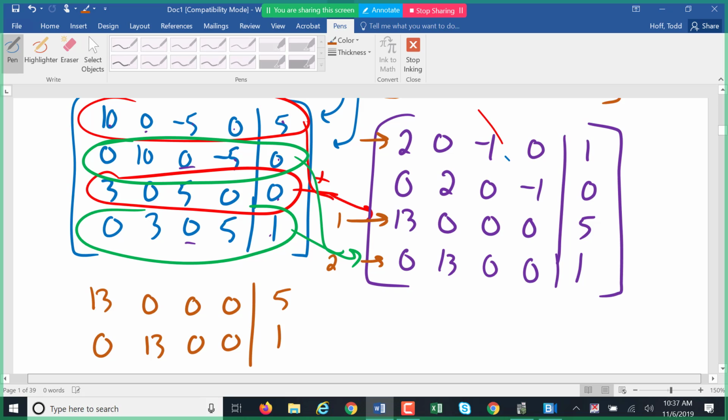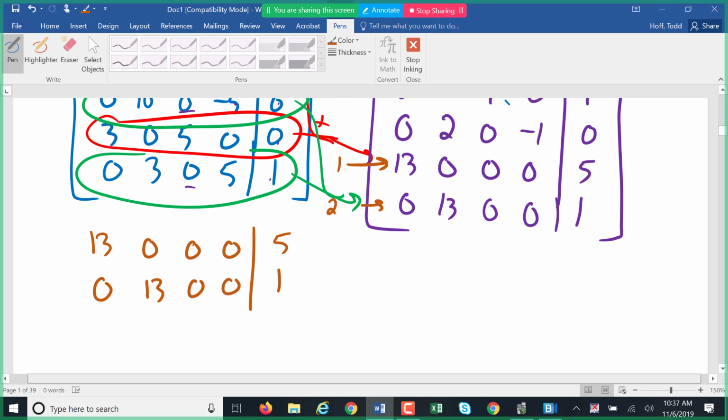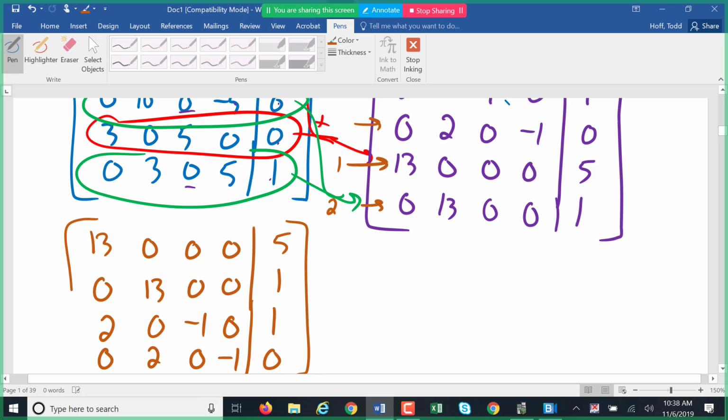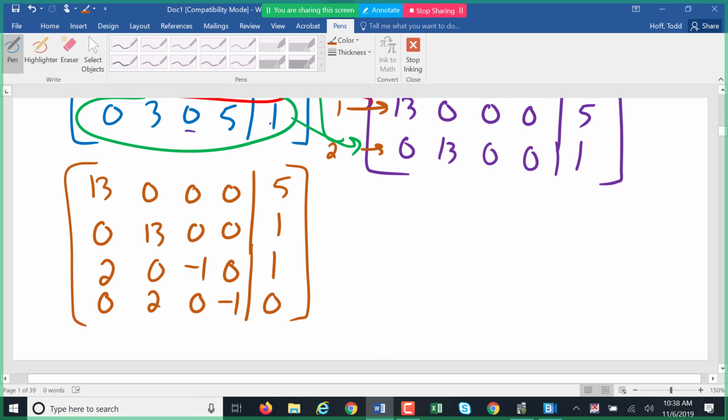This row is going to go third: 2, 0, -1, 0, augmented with a 1. And this row goes last: 0, 2, 0, -1, 0. And my first 2 rows are now pretty much complete. I'm going to divide out 13 in each of them.